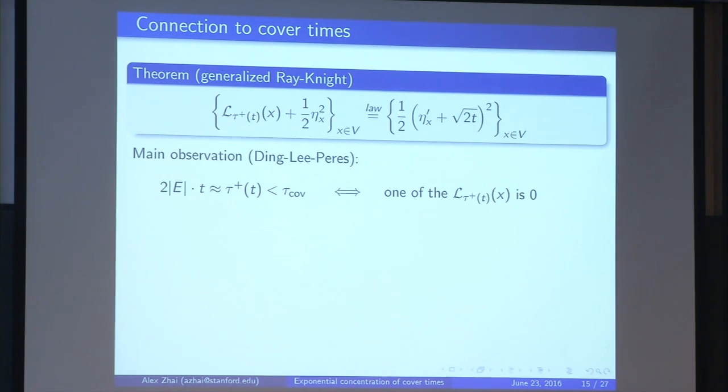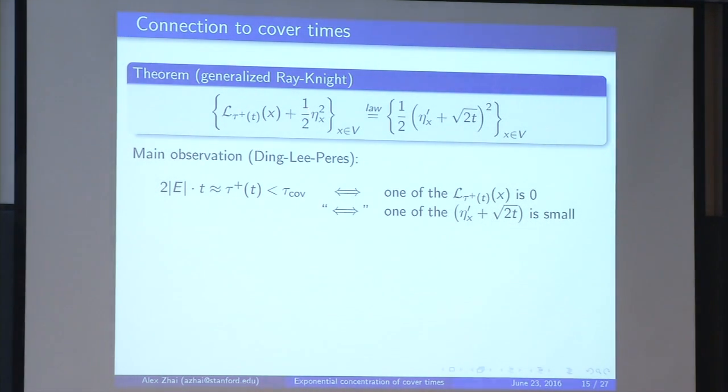Okay, if one of these local times is 0, say the local time at a certain vertex x is 0, then in this left-hand side expression at x, this part is 0, and this other part is a small contribution, which we'll be more precise about later.